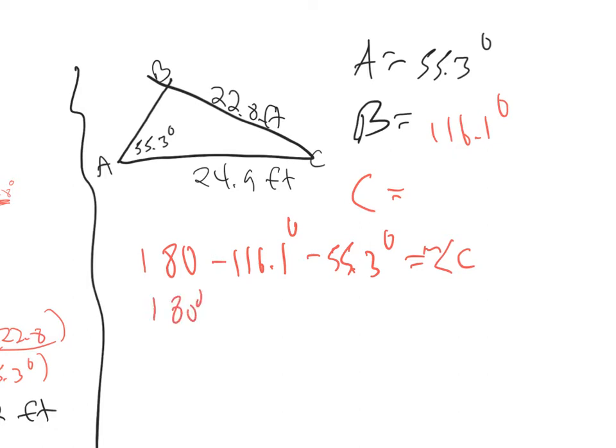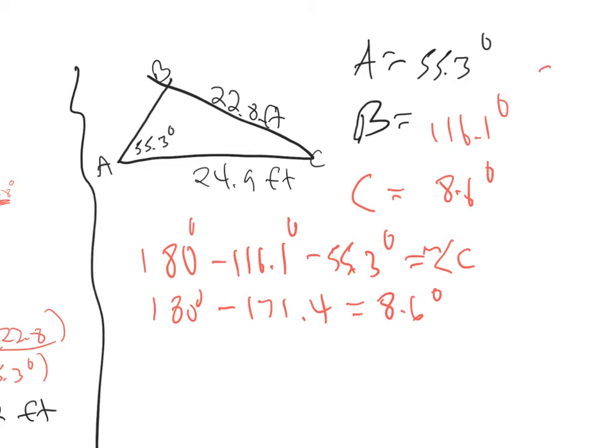So 180 minus 171.4 would come out to 8.6 degrees. Let me double check it with my calculator. Yep, calculator says 8.6 degrees.